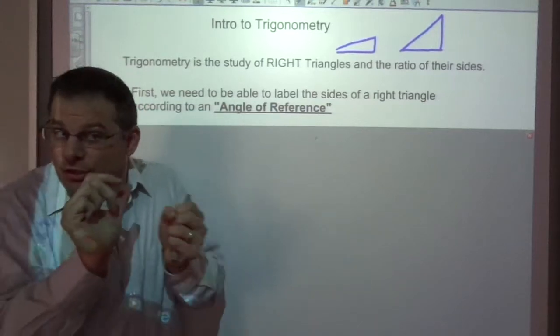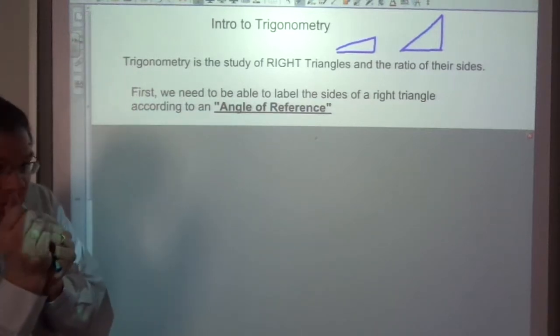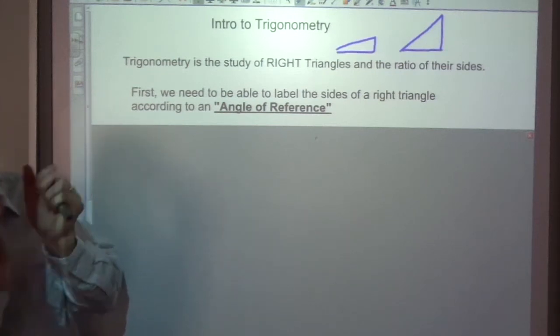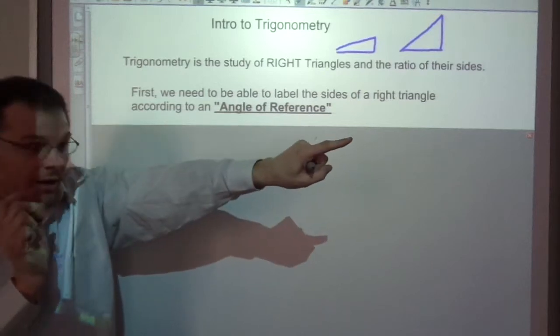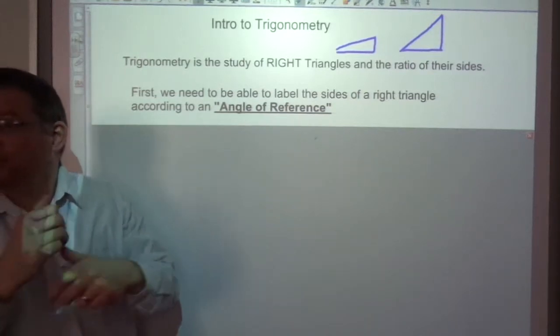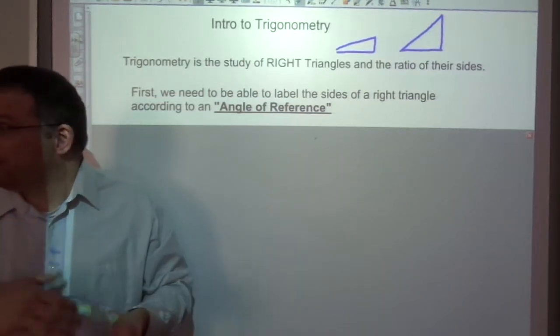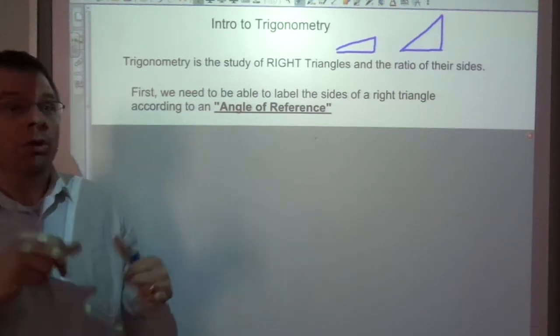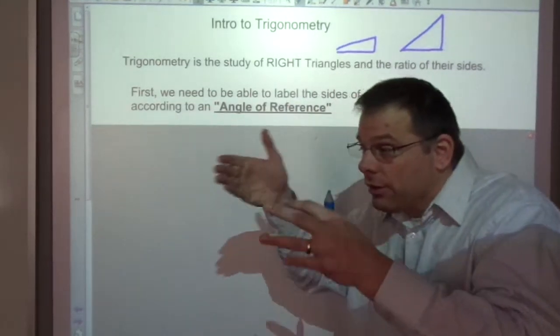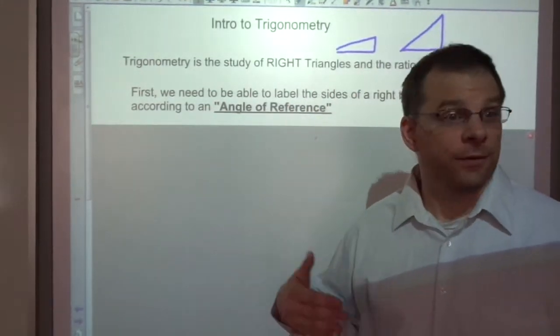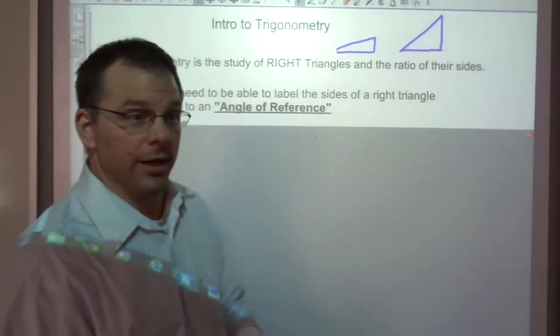So you pretend that you're sitting in the corner where this angle of reference is and say, okay, what are the sides of the triangle? Well, the one opposite me, I'm going to call the opposite side. And the one next to me, I'm going to call the adjacent side. Hypotenuse is always the hypotenuse. So depending on where that angle of reference is, it depends on where we're going to sit in the triangle to look at it, so we can name the sides differently depending on which angle we're talking about.